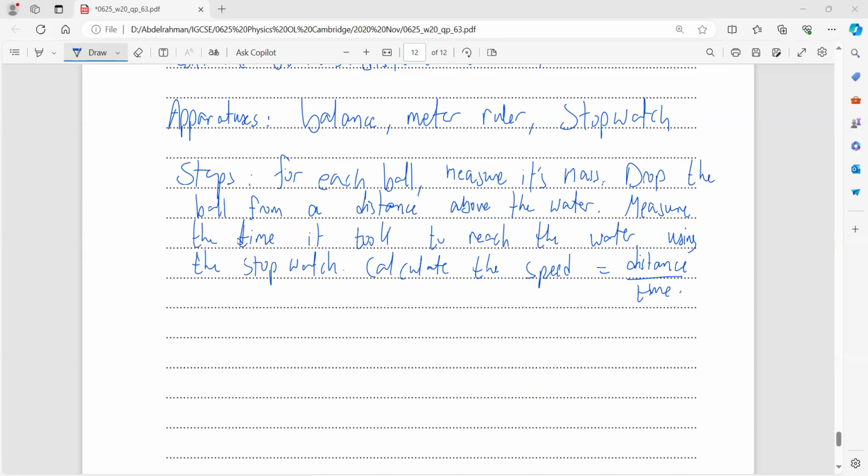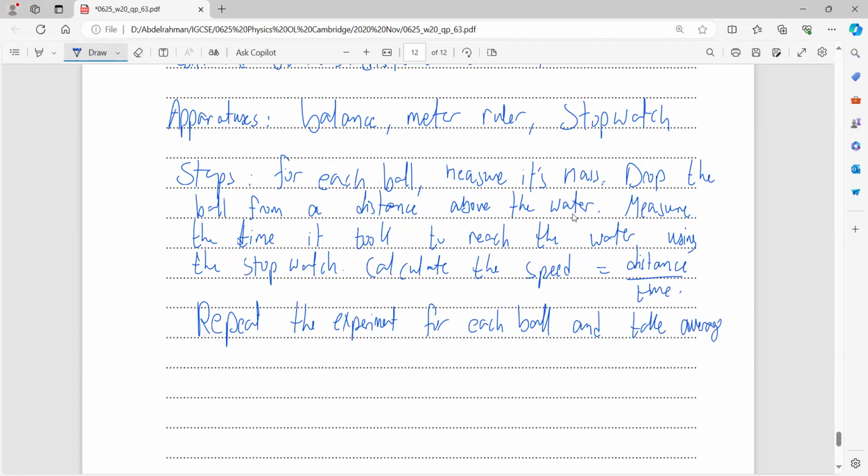Repeat this experiment for each ball and take the average. You have to repeat and take the average.